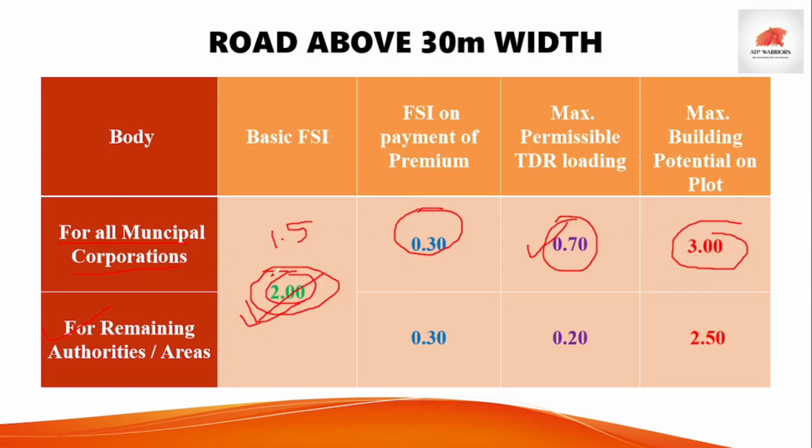See, 2 plus 0.30 plus 0.70 is nothing but 3. And for other remaining authorities or areas, it is 2 plus 0.30 plus 0.20, which is nothing but 2.5. Okay, so let's see the illustration first, then I will mention my point.